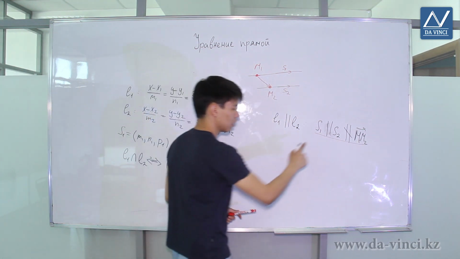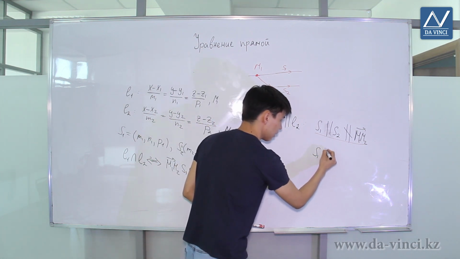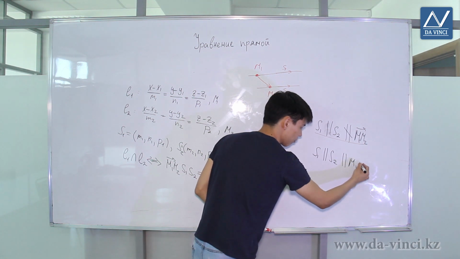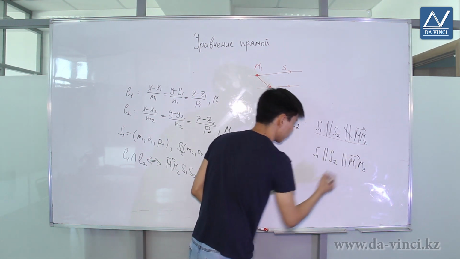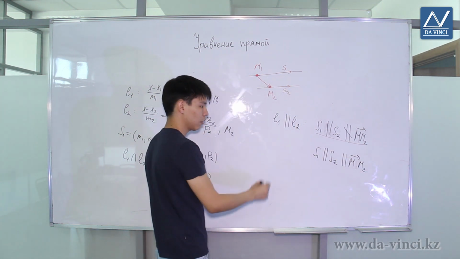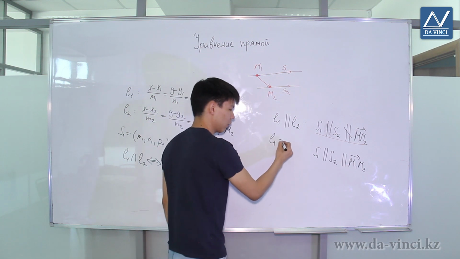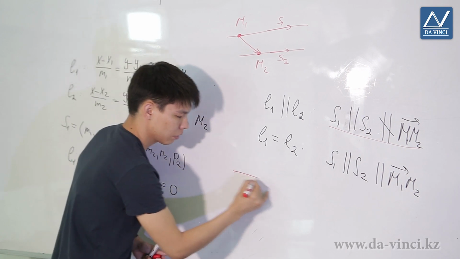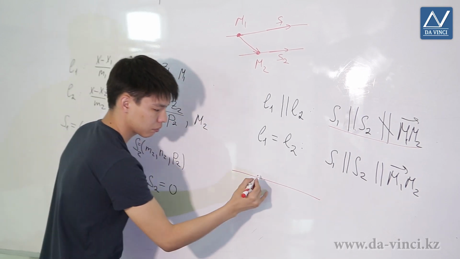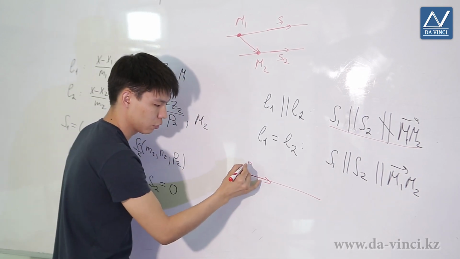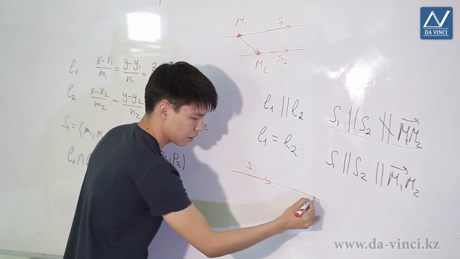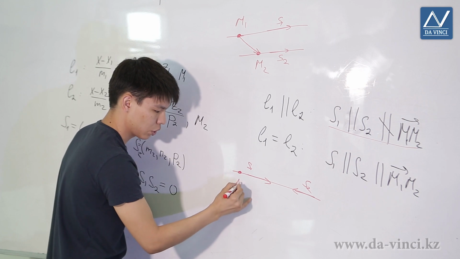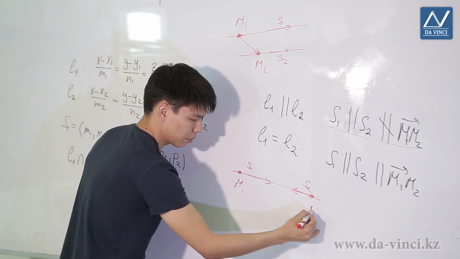But what will happen if vector s1 is collinear to s2, and at the same time it is collinear to m1, m2? This is possible only in the case when the lines fully coincide. In other words, it is the same line. Indeed, for example, here is the vector S1, somewhere here is the vector, let's say, S2, point M1, point M2.